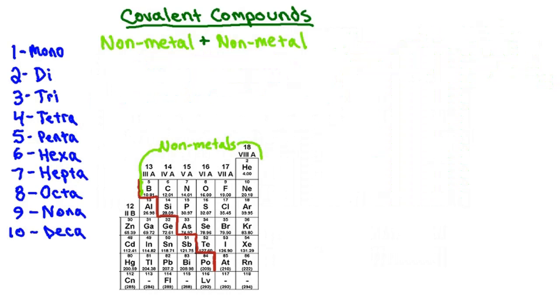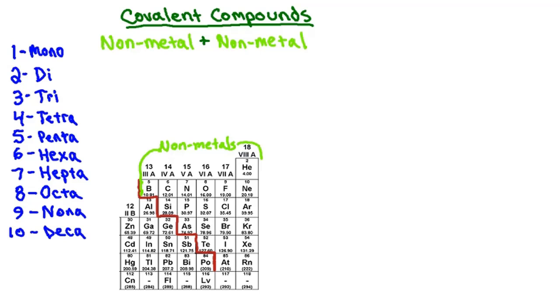Now there are two big differences between an ionic compound and a covalent compound when writing them out. When we went over the ionic compounds in the previous video, you had to balance their charges out. We had positive charges on the metals and negative charges on the nonmetals, and you had to balance those out so the charges would equal zero, or it would be a neutral compound.